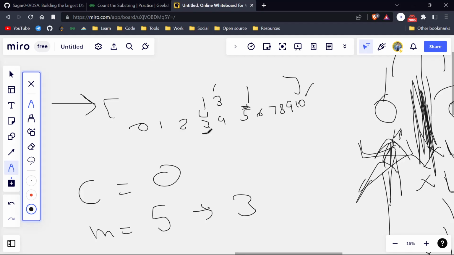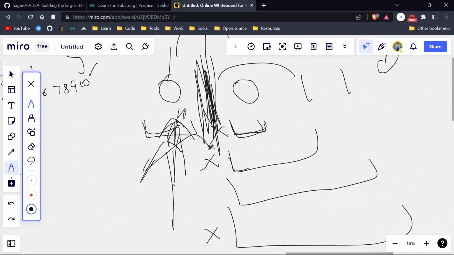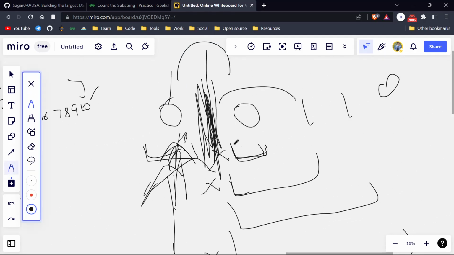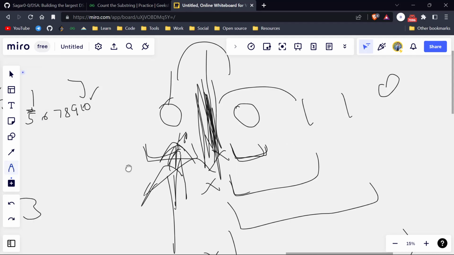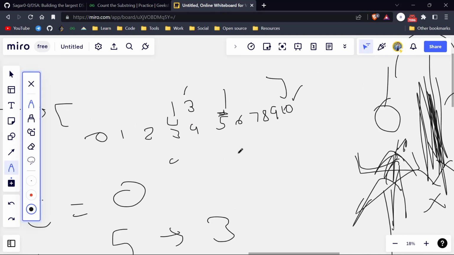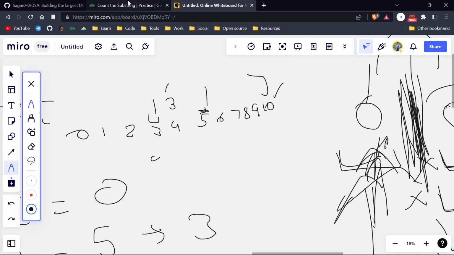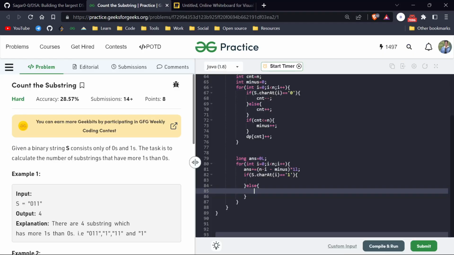That 3 means there is one substring which has 3 more zeros, and that was, I think, 2 more zeros, so that was this pattern.